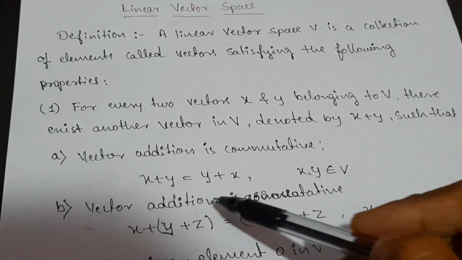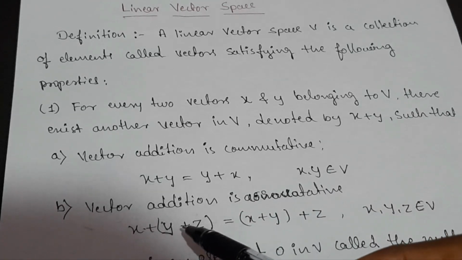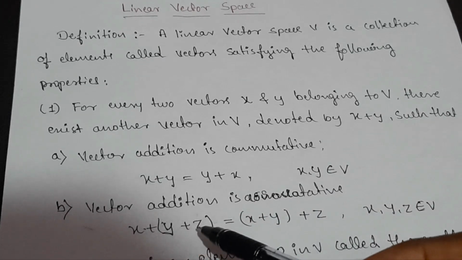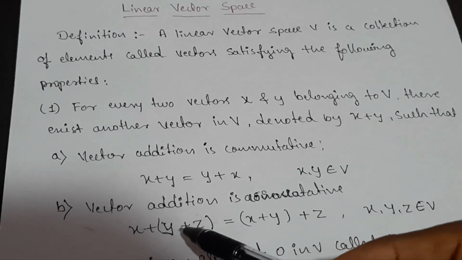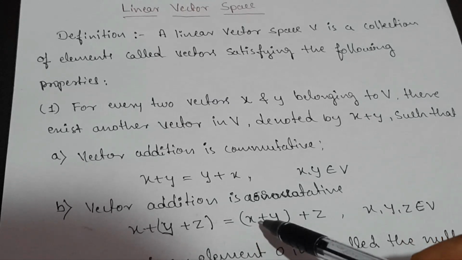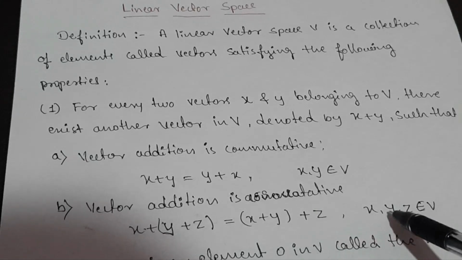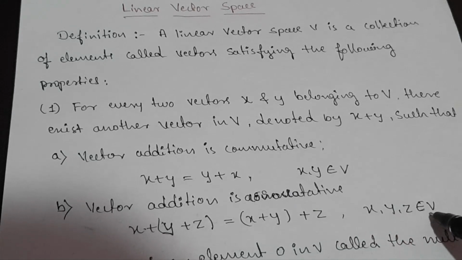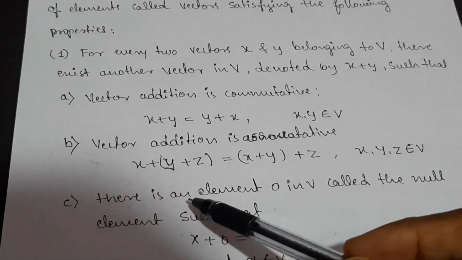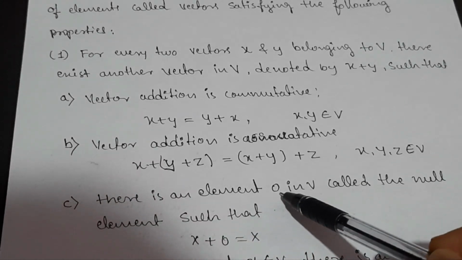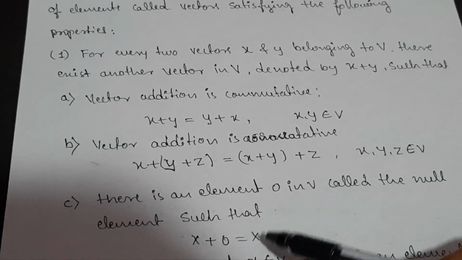Second rule: vector addition is also associative. We add one more vector, z. x plus (y plus z) is equal to (x plus y) plus z, where x, y, z belong to vector space V. Third rule: if we add the null vector or zero vector to any element, we get the same vector.